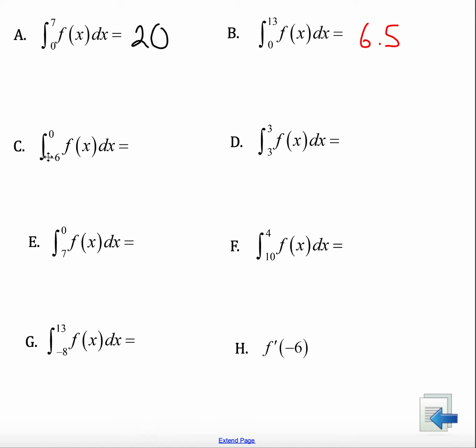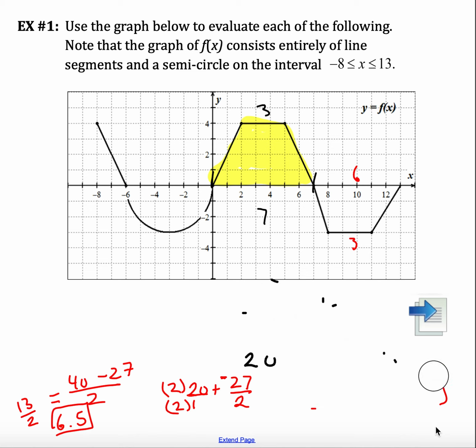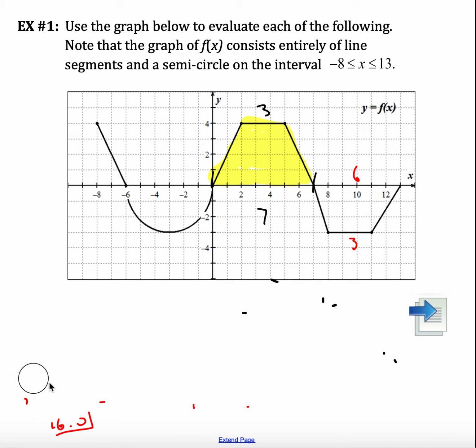Okay, now how do I go from negative 6 to 0? What's the area from negative 6 to 0? From negative 6 to 0, we see that this is a circle, right? Well, semicircle. So we just find the area of a circle and we just get half of it. From our previous lessons, the area of a circle is pi r squared. So first figure out what your radius is.